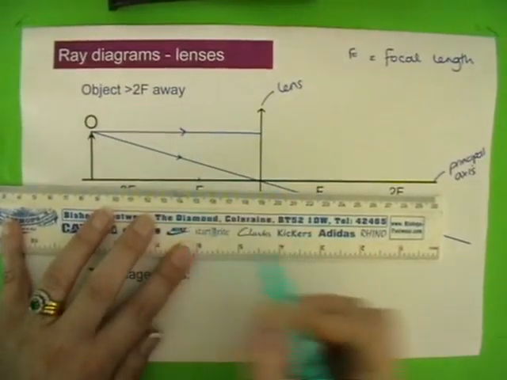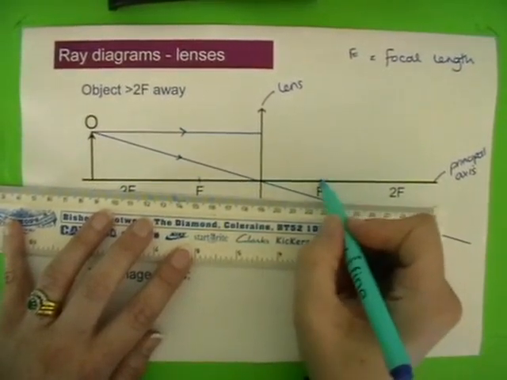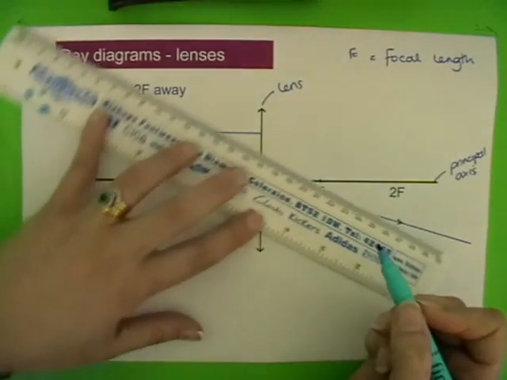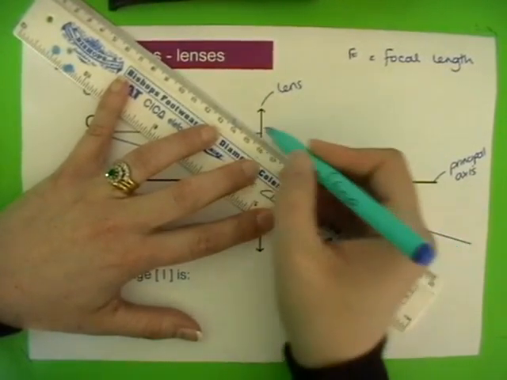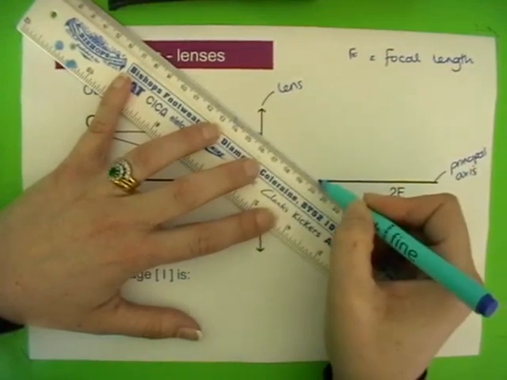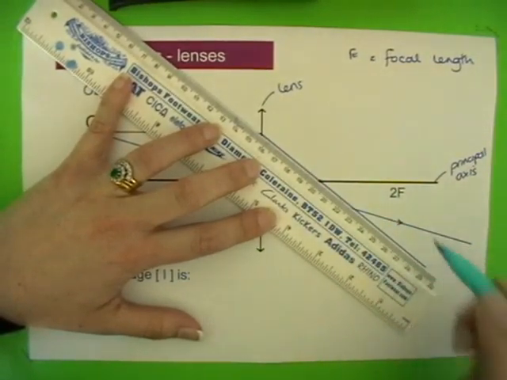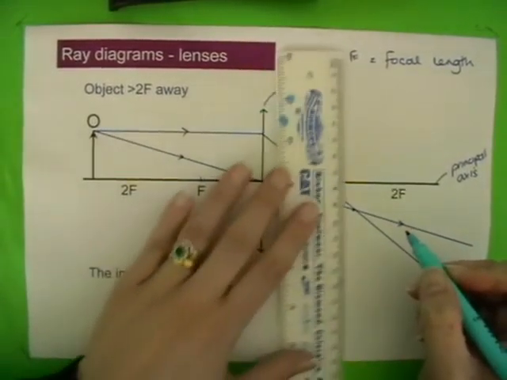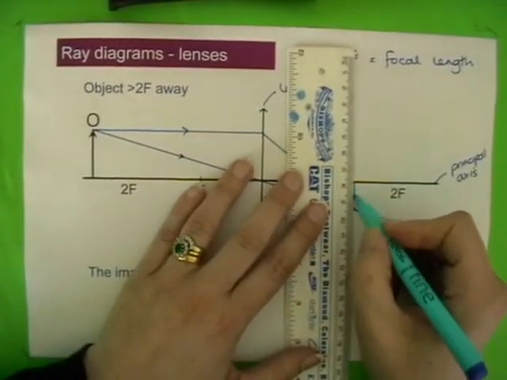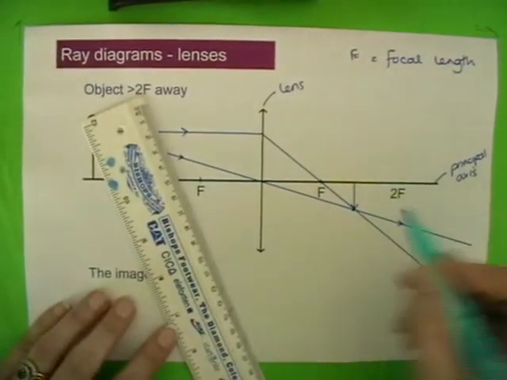When it meets the lens, it is refracted so that it goes through the principal focus F. So we draw a line from where it meets the lens through F and continue it on until it meets the other ray. At this point, we can then draw the image.